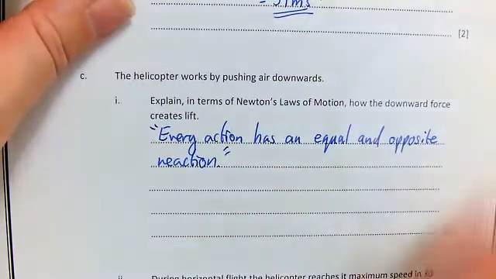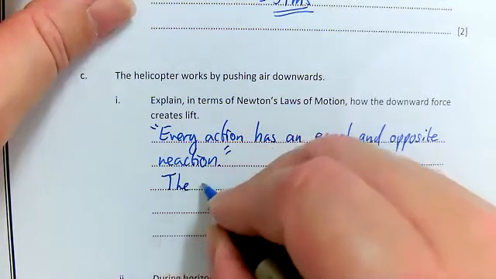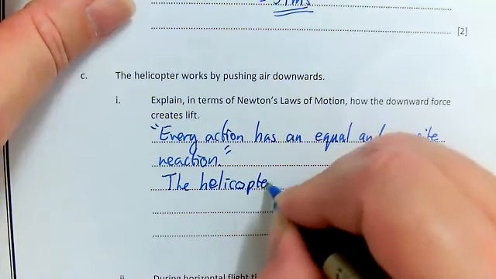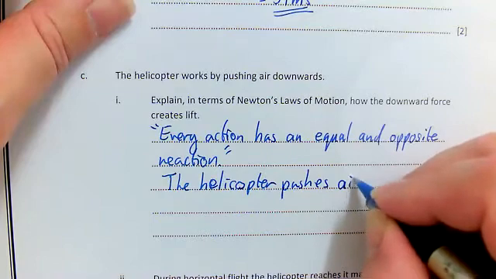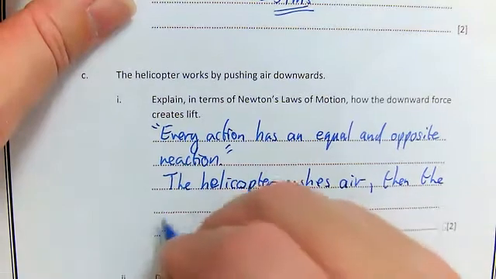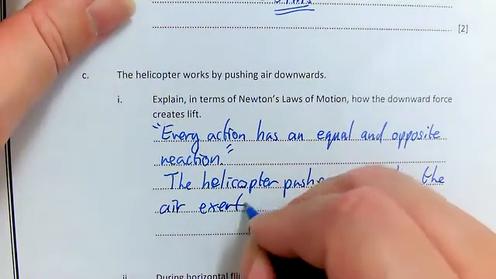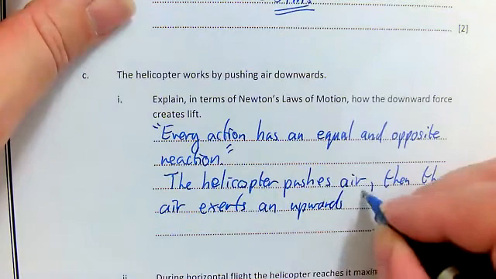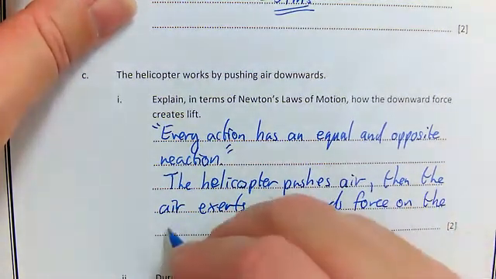So what does that actually mean? Well, the helicopter pushes air downwards, so if the helicopter is exerting a downwards force on the air, then the air exerts an upwards force on the helicopter, on the rotor blades.